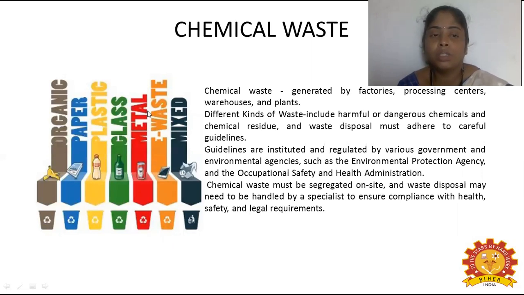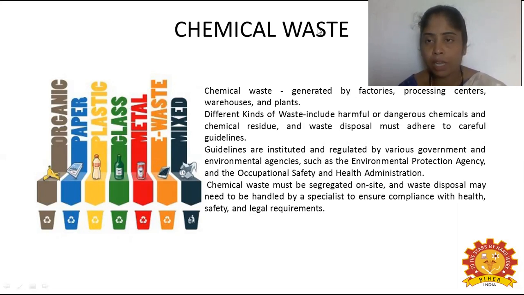Here we are going to see the various forms of waste we have and how they affect the various sources of our land, water or air. The first waste can be segregated as chemical waste.